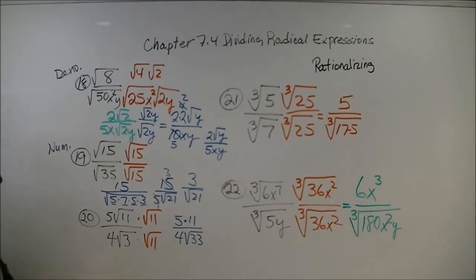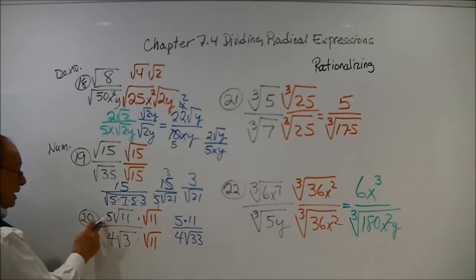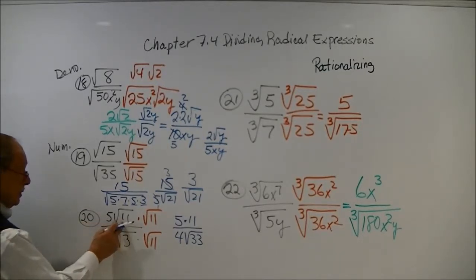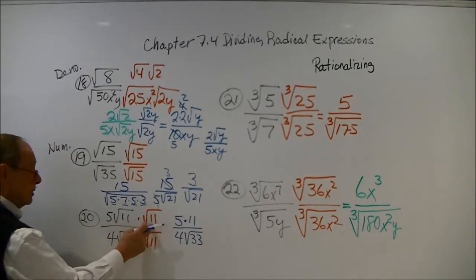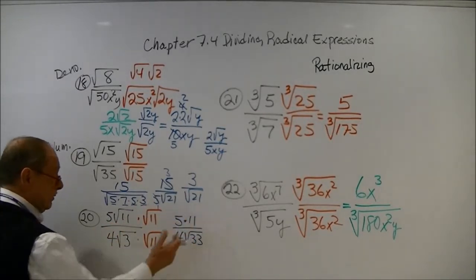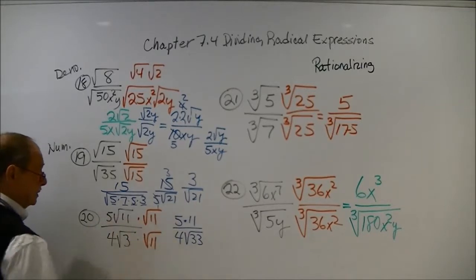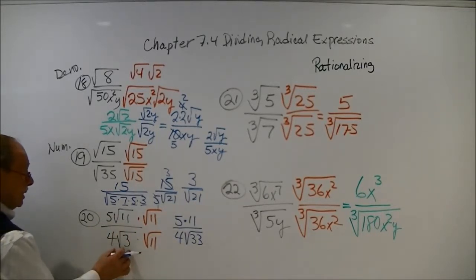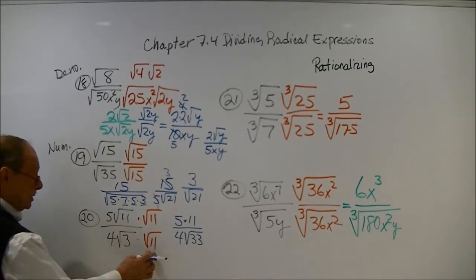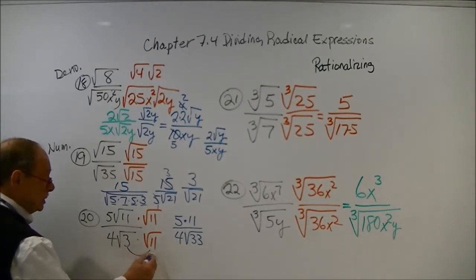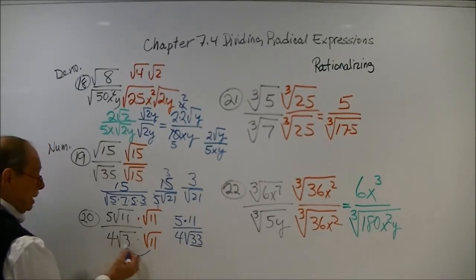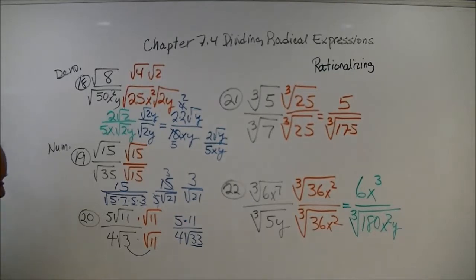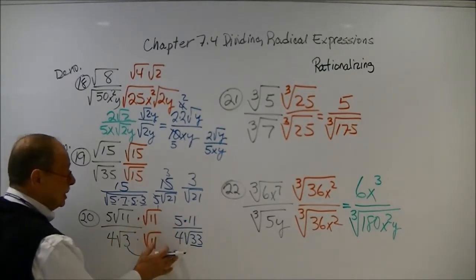20 is sort of easy to do. There we have it set up. Rationalizing the numerator, so square root of 11 times the square root of 11 gives you an 11. And the 5 goes along. Then we have our denominator that we have to multiply by the square root of 11. This just becomes my 33, and the 4 goes along. But remember, I'm not finished here.